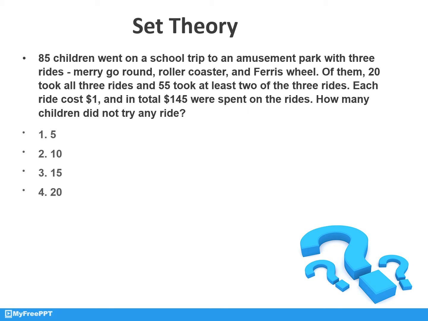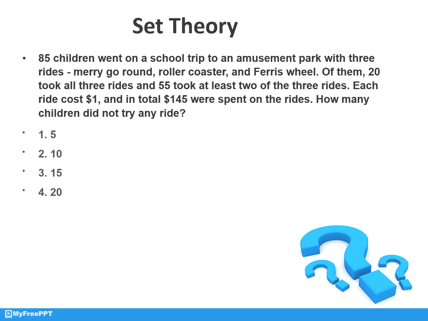From this, we can understand 85 children were there in total who went on the school trip, and 20 took all three rides, and 55 took at least two of the three rides. From this, we can say that in those 55 there may be students who took three rides and students who took two rides.